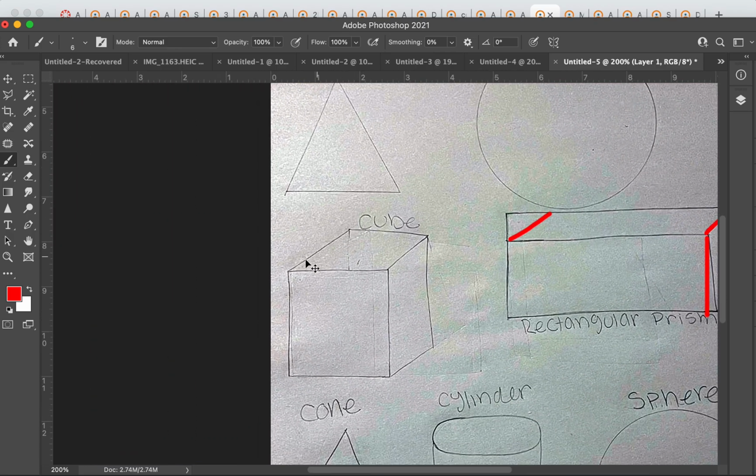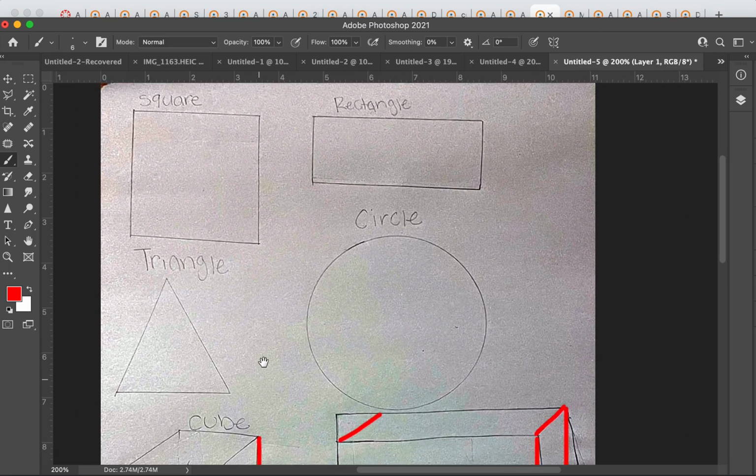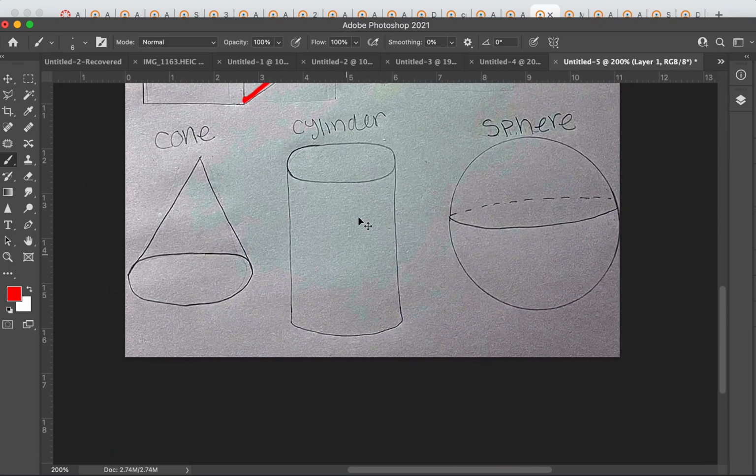Here you got it. You have that angle down. That's good. Now it's just getting other things right. Triangle, circle. Okay, good. And then this cylinder should also have at least the same roundness to it.